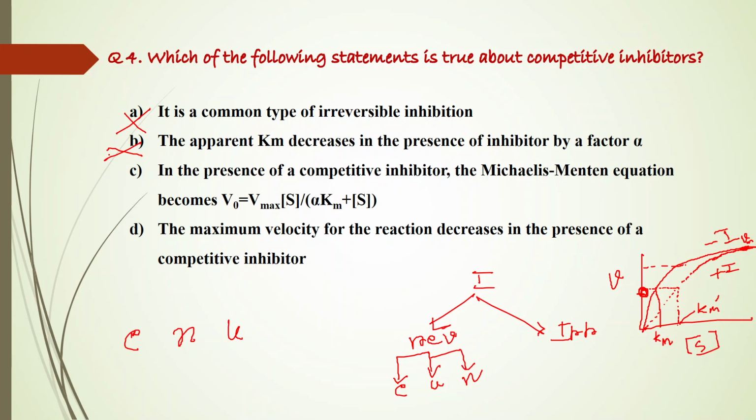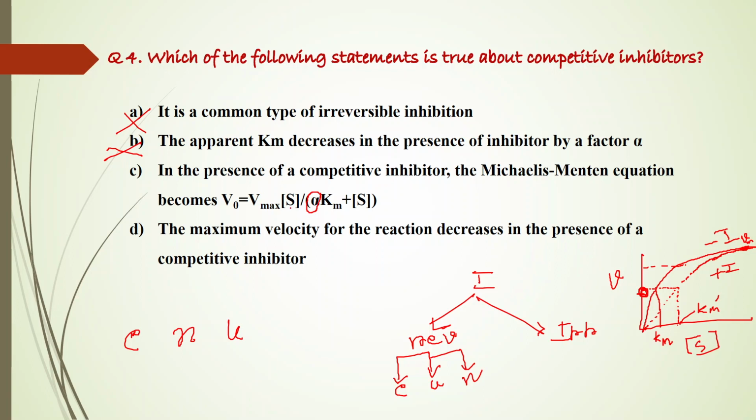Coming to the next one, it's saying that in presence of the competitive inhibitor, the Michaelis-Menten equation becomes this. The equation is written there. We all know that without inhibition, this alpha term is not there. When there is no inhibitor, the normal Michaelis-Menten equation is V0 equal to Vmax into S divided by S plus Km.